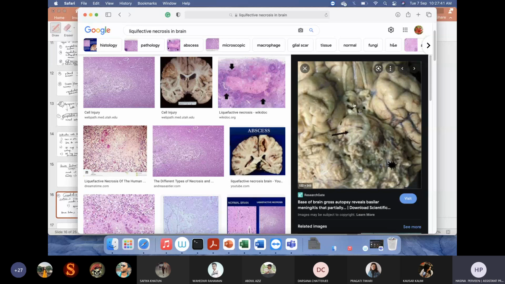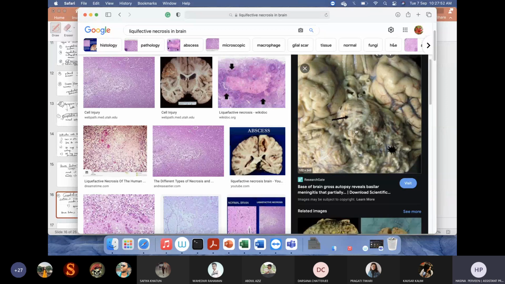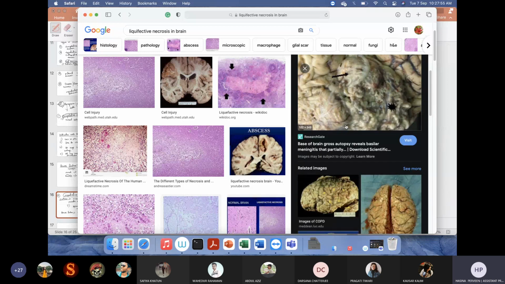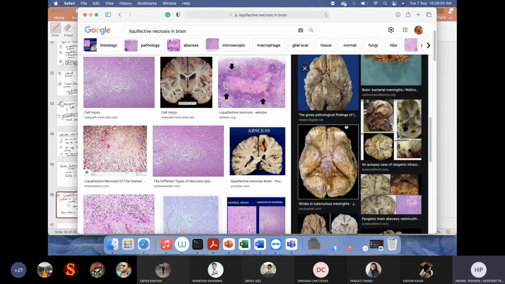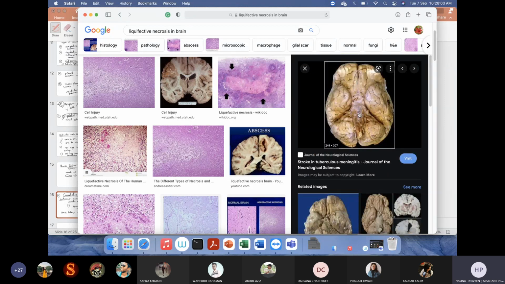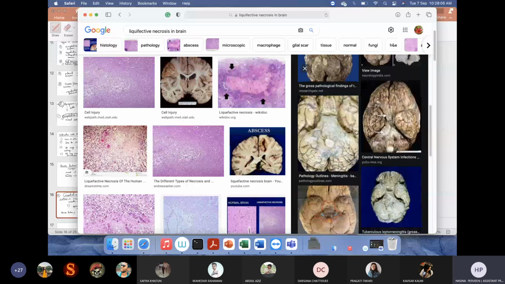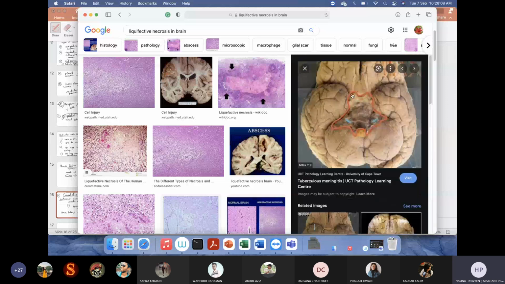This condition, fat deposition. This arrow indicates liquefactive necrosis. It is a very bad thing, like brain hemorrhage or brain cancer, this type of necrotic cells, that means one type of cancer cells. This red line indicates the liquefactive necrotic cells. That means dark in color.